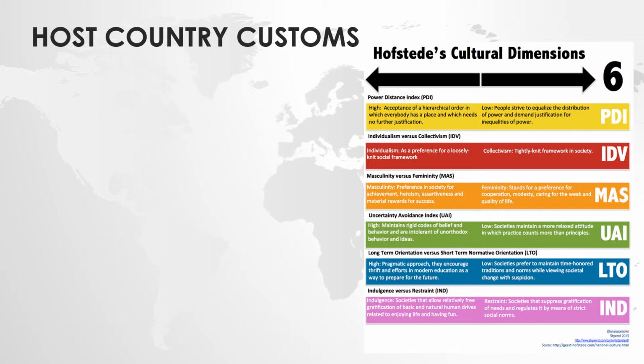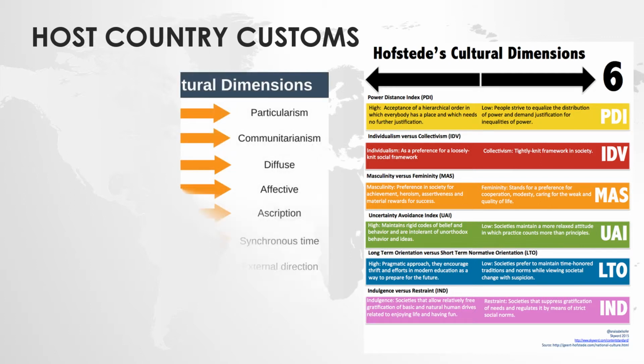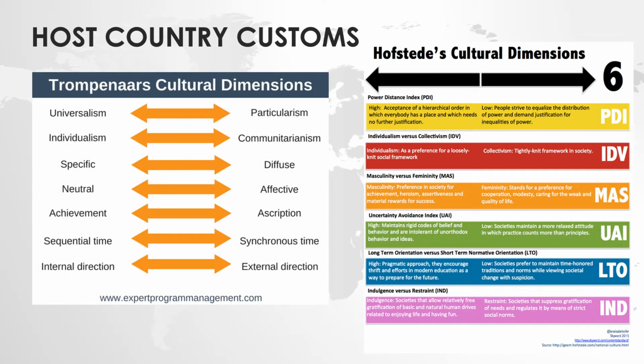The second analytical tool for host country customs is Trompinar's Cultural Dimensions Analytical Structure. As you can see, there are a lot of similarities between Trompinar's categories and Hofstede's.